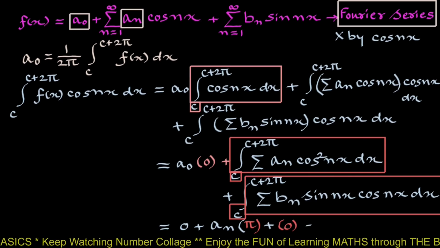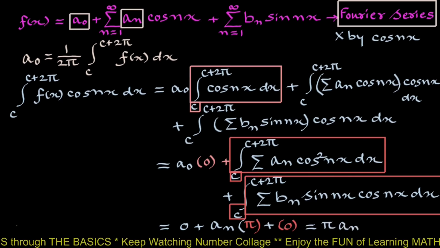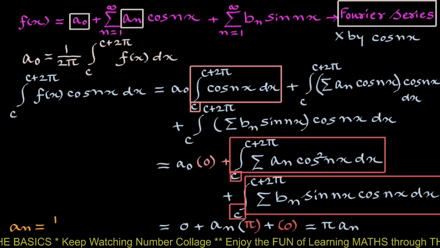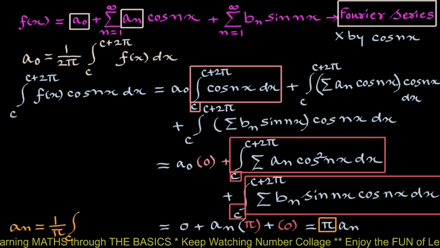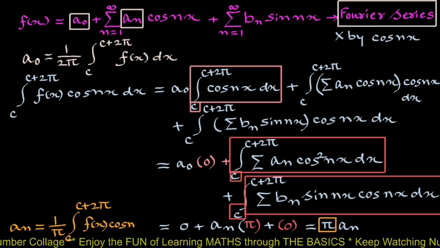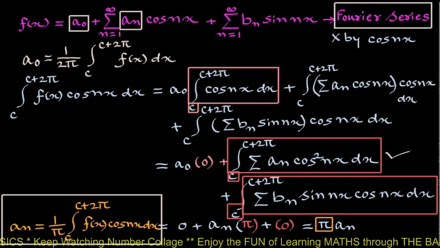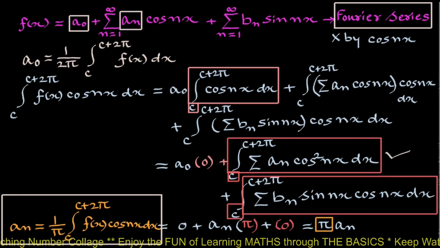So this will be pi an, that gives second Fourier coefficient an equals 1 upon pi integral from c to c plus 2 pi f(x) cos nx dx. Now we will solve this integral and see why it is an into pi.